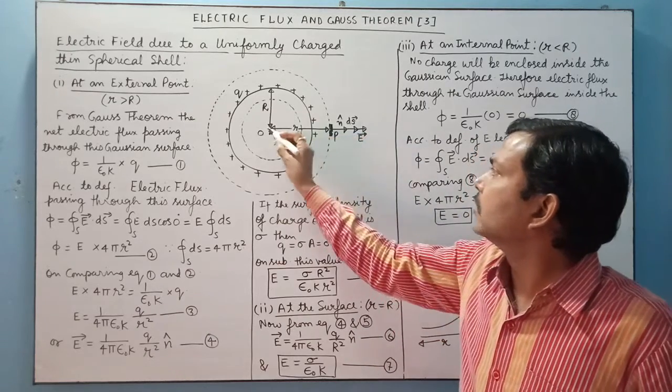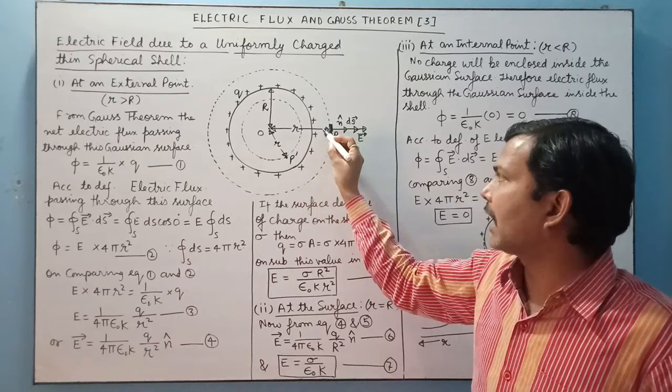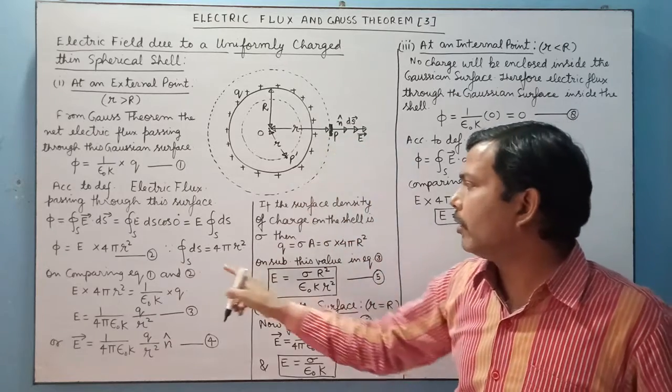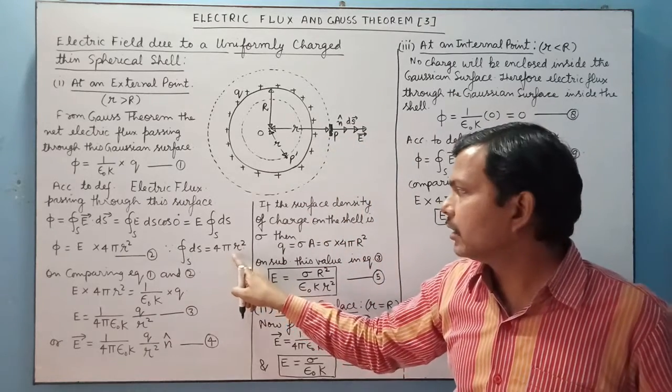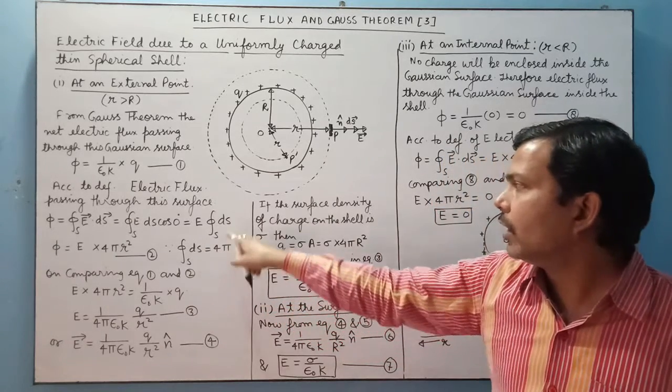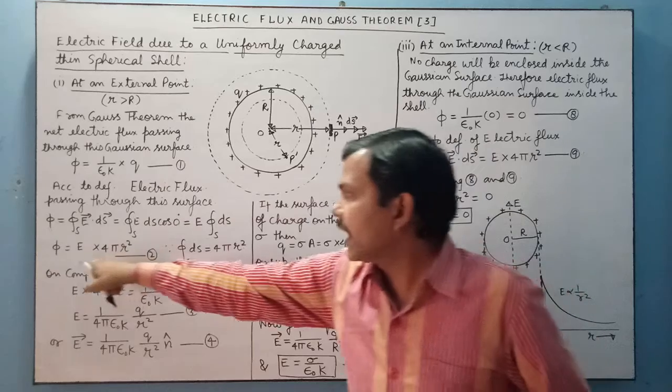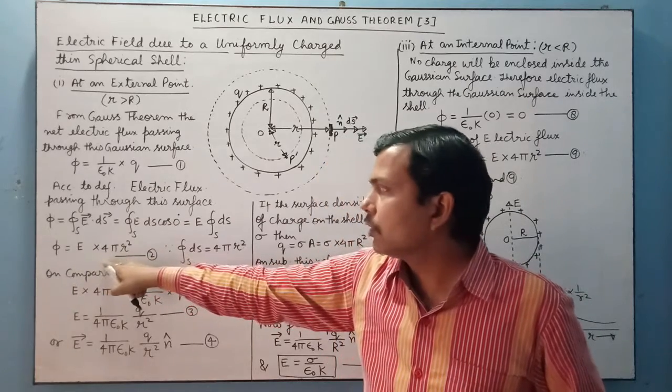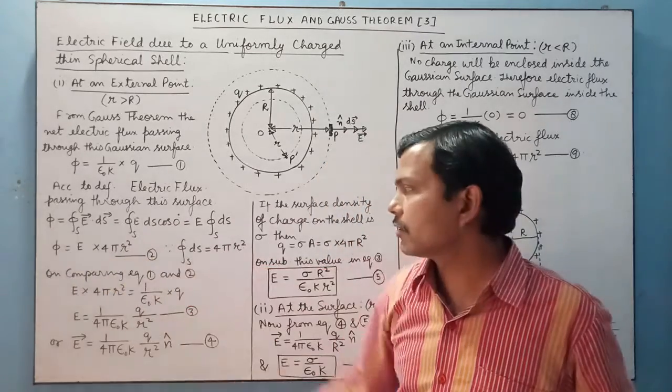So this distance from the center to point P is small r. Area of this Gaussian surface will be 4 pi r square. This will be the value of this integral. Now we will substitute this value in this place. So we get electric flux phi is equal to E into 4 pi r square.